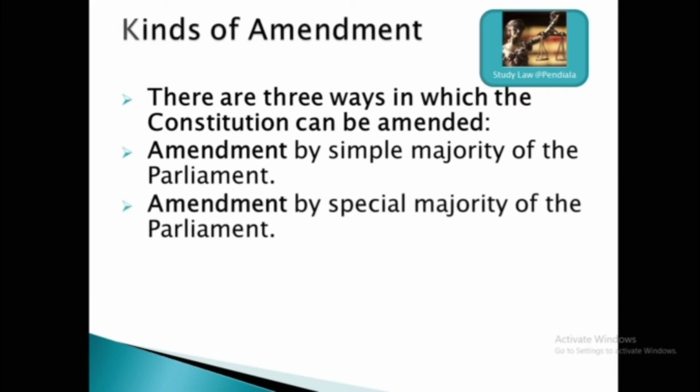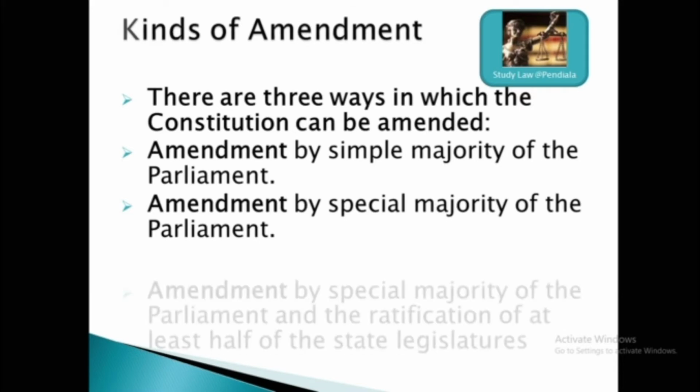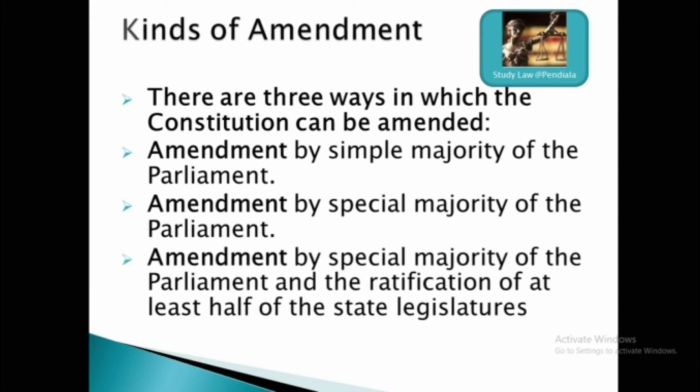There are certain amendments that require the special majority of Parliament. We will know what is a special majority. And in addition, there is another type of amendment that is not only by the special majority of Parliament, but also must be ratified by at least half of the state legislatures.